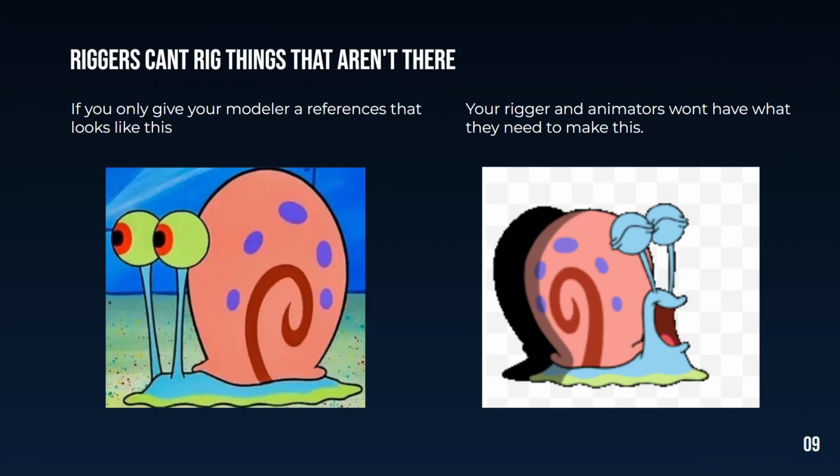Also, this is a bit muddier, but once you get into more stylized and cartoony characters, sometimes the base form of your model isn't going to have everything you want it to have, if that makes sense. And this is actually a loose case study of another situation I was aware of, where the team made a concept, it looked good, everything got approved, the modeler made it, everything looked good, and then it got to the animator and the director was like, hey, can you make this thing blink?